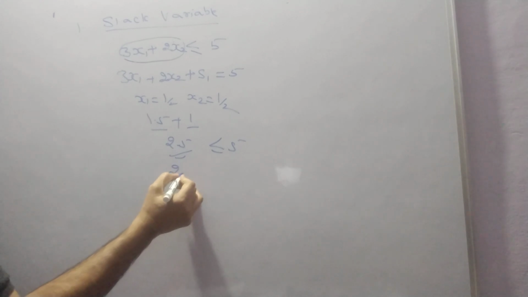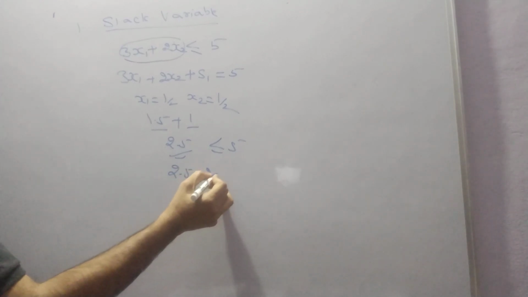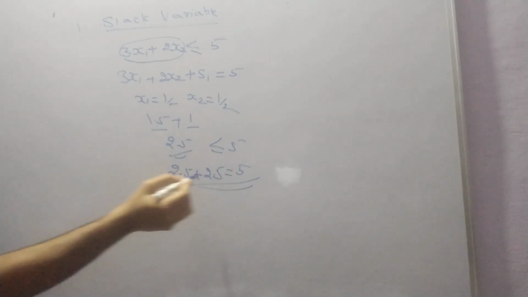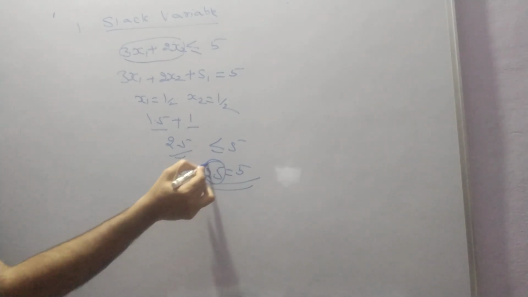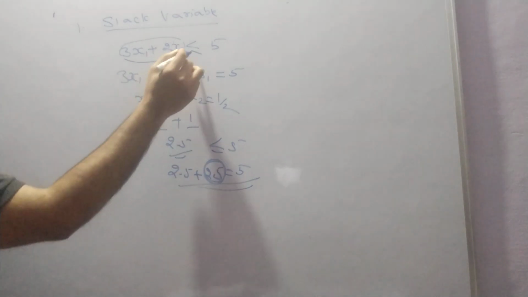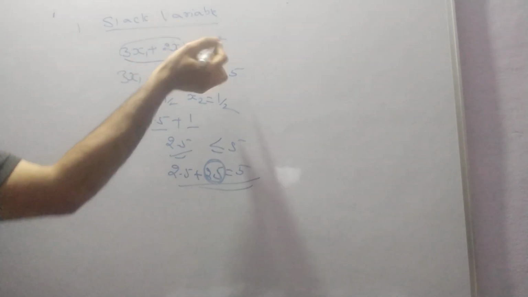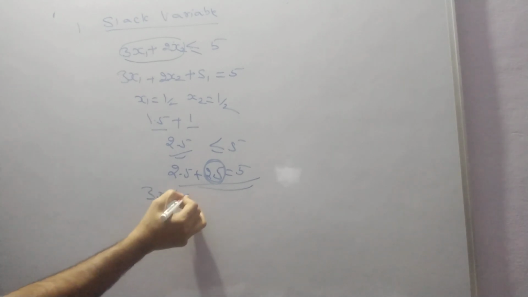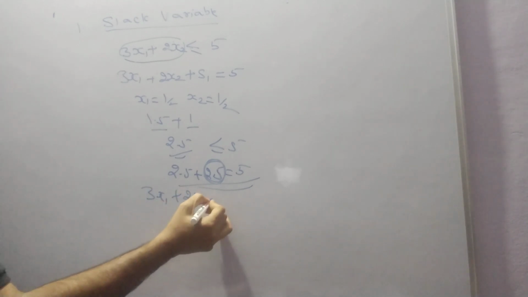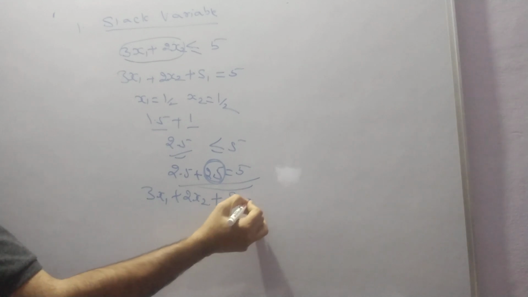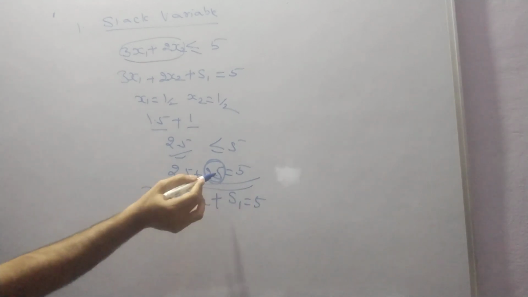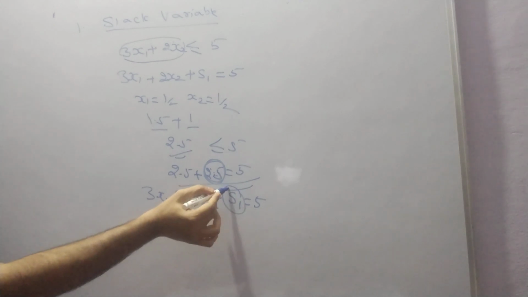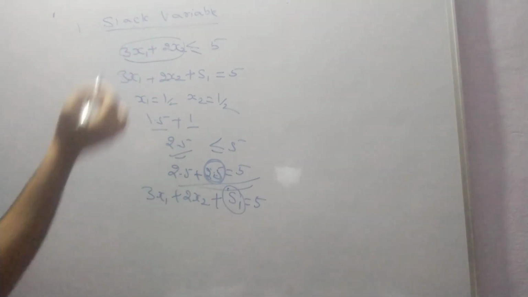Here I have to add 2.5. Then these values will become equal. So adding this 2.5 here converts the less than to equation form. So 3x1 plus 2x2 plus s1 equal to 5. This shortage I am adding here is plus s1. So this plus s1 is known as slack variable.